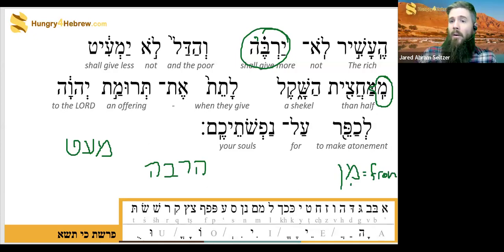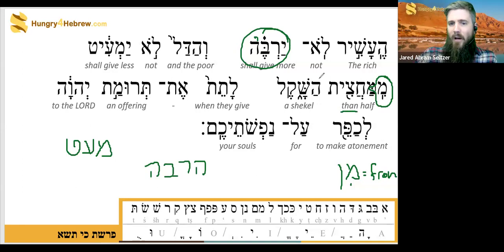I am taller from my daughter. That's how you say it in Hebrew. In English, I would say I am taller than my daughter. Hebrew, I am taller from. So they shall not give less than. This comparative than is coming from the mem.